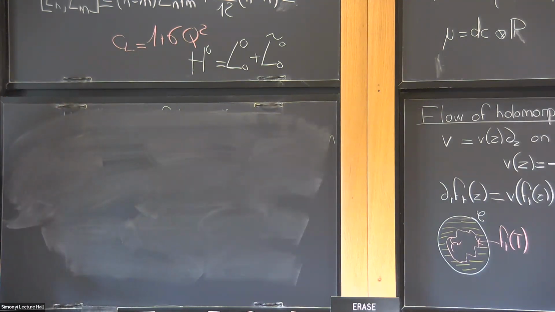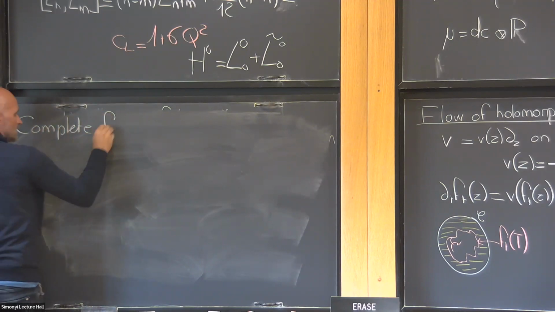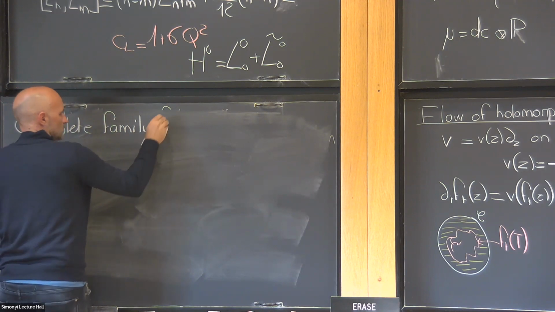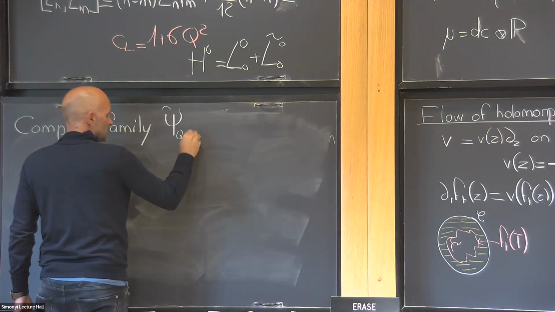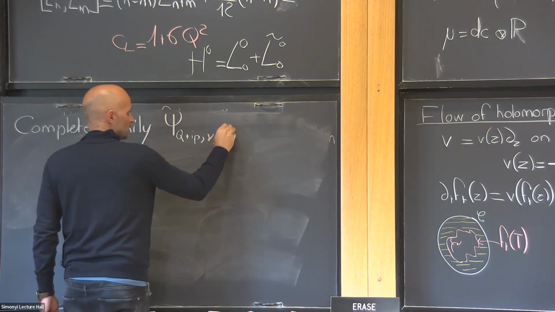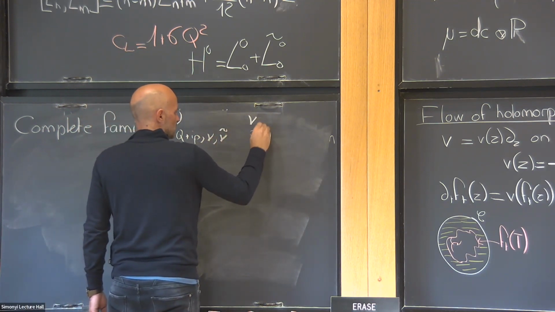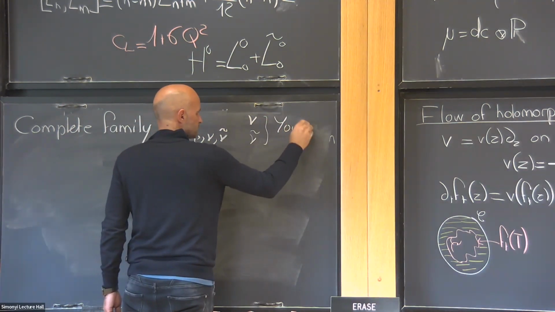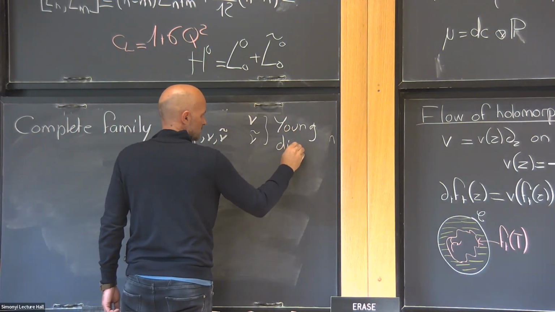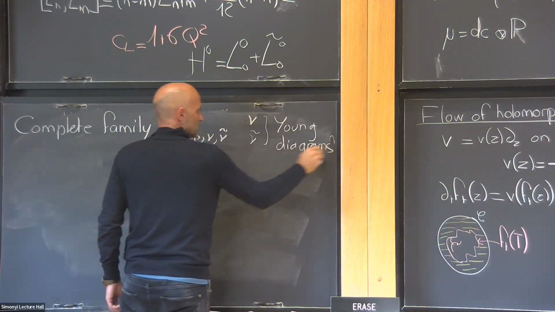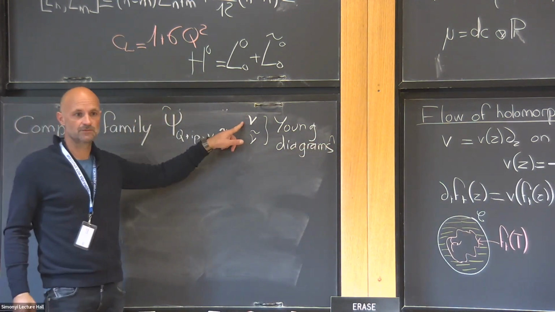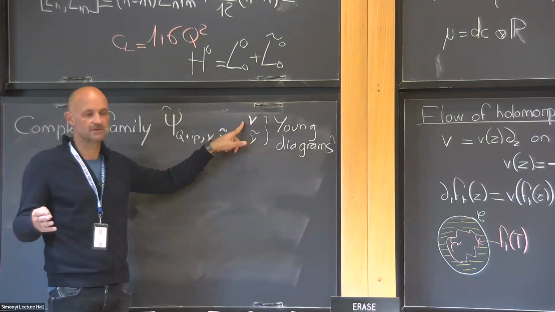Now you can play with these Virasoro generators to form a basis of your Hilbert space. So you have a complete family proceeding this way. I will denote them by psi_{q+ip, nu, nu tilde}, where nu and nu tilde are Young diagrams. Young diagrams are just finite sequences of positive and decreasing numbers.